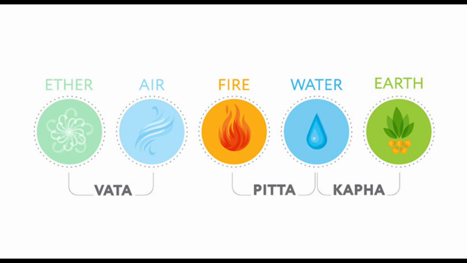Now this rakta will again do the function of nourishment of the body, just like the plasma or the rasa does, but it will mainly carry prana with it and circulate it throughout the body. That is the function of rakta.